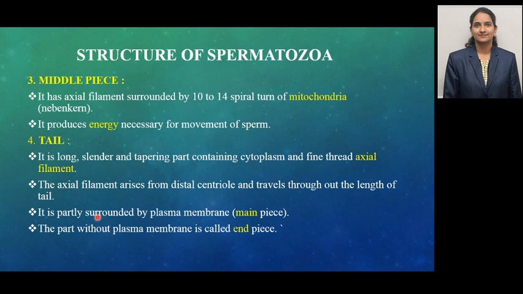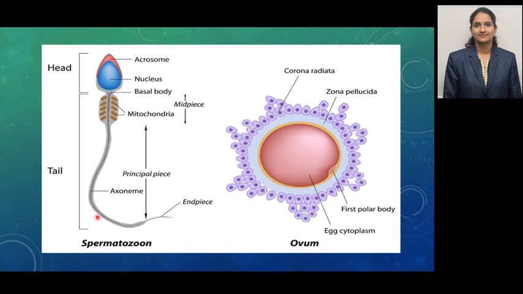It is partly surrounded by plasma membrane, which is called the main piece. From the tail region, the main piece is that piece which is surrounded by plasma membrane, while the part which is without plasma membrane is called the end piece. See, the end piece doesn't have plasma membrane, and this one is with plasma membrane.